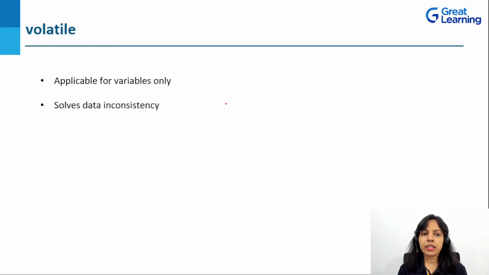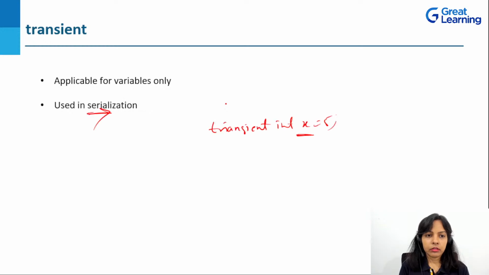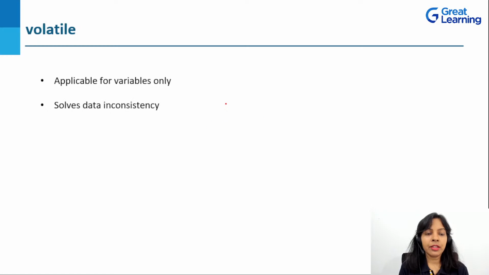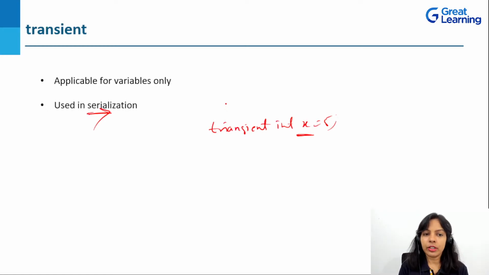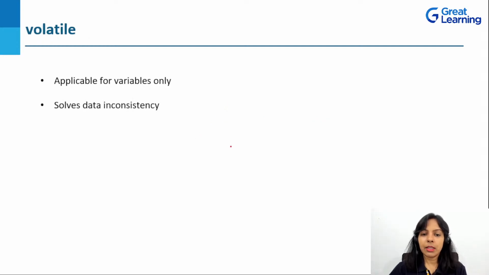Next is your volatile access modifier. Okay, sorry, a mistake by me. Volatile is the thing which I just now explained to you, not transient. So volatile is applicable for variables.